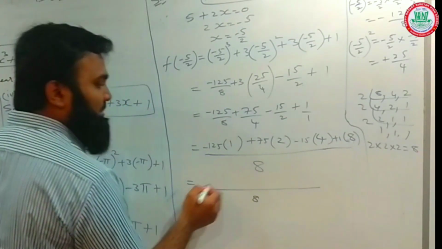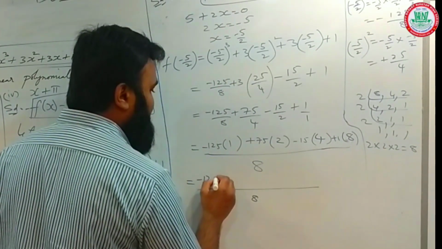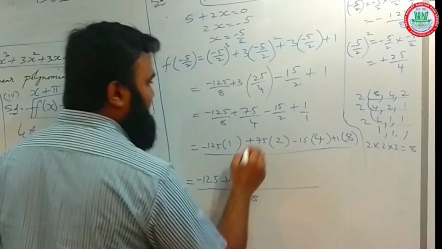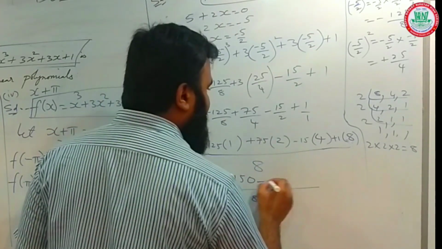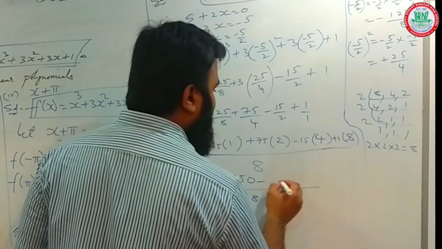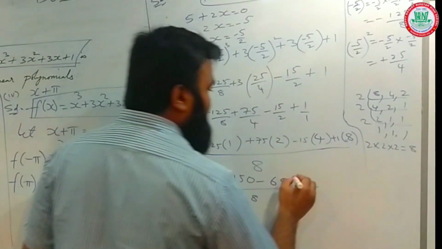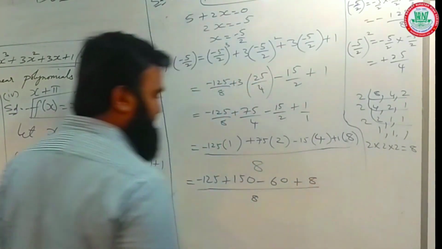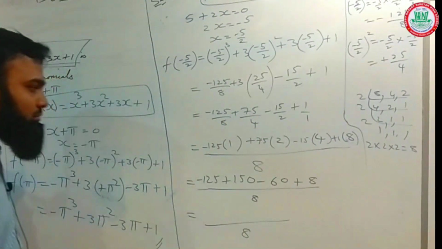in the denominator, same as it is. We have to put minus 125 into 1, minus 125, plus 75 into 2, 150, minus 15 into 4, 4 5s are 20, 4 6s are 24, 60, plus 1 into 8, 8. Now which is equal to, LCM is what? 8.